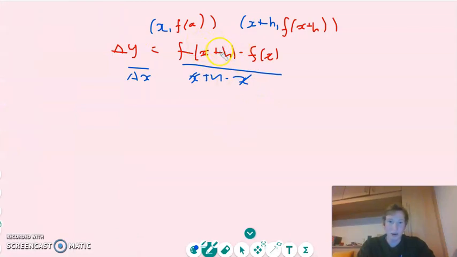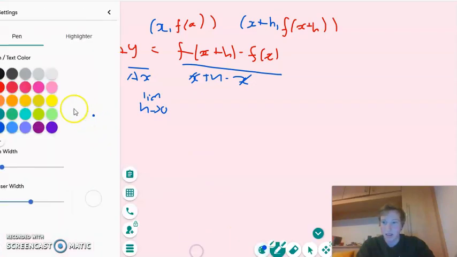Now, we're talking about h's here, but we haven't said anything about what h is. We've got to tell the maths that the h is really small. Remember how the h has got to be really small, so our second point is super duper close to our first point. And we do that by saying lim h tends to 0 like this, and we put that in front of every line that's got an h in it.